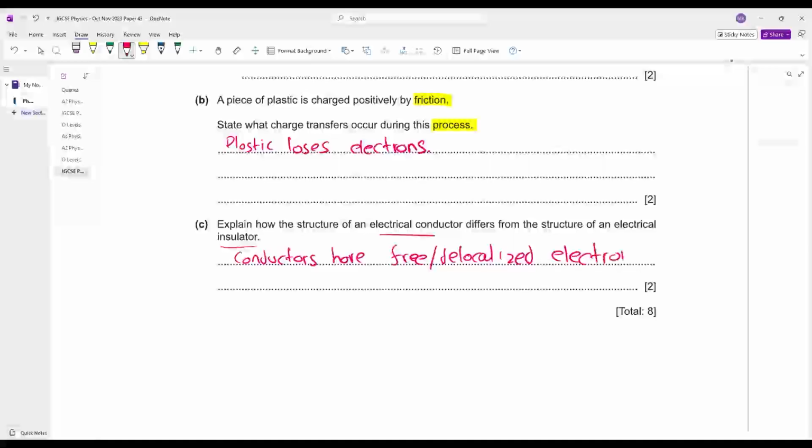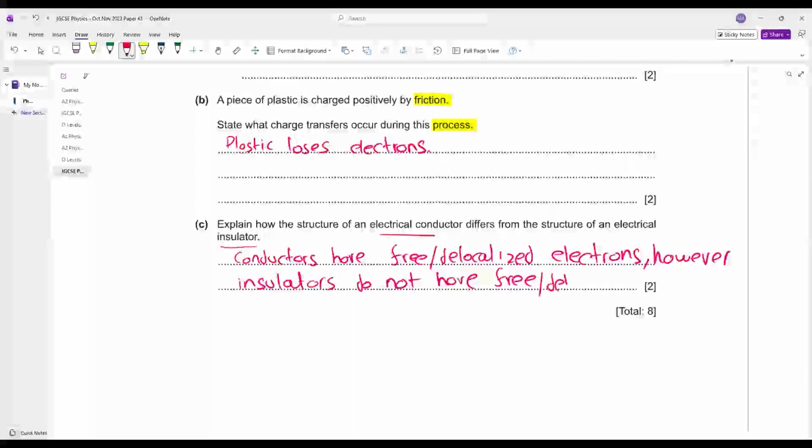However, insulators do not have free delocalized electrons. Simple. Nothing complicated here.